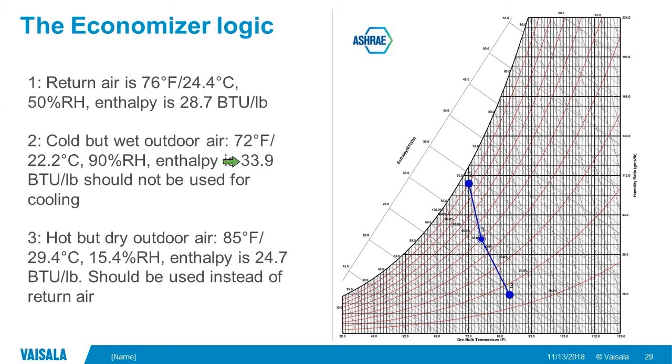So enthalpy outside is actually higher than inside, even though temperature is lower. So this is the point number 2 here.